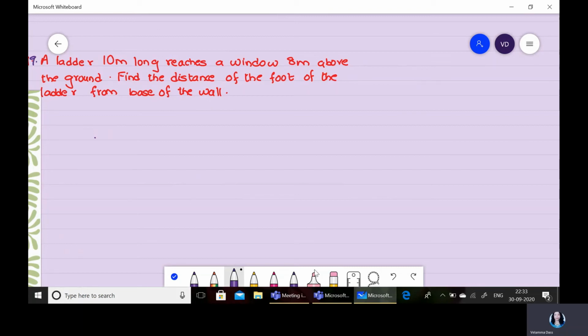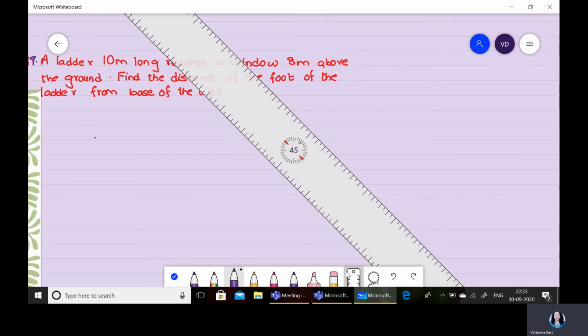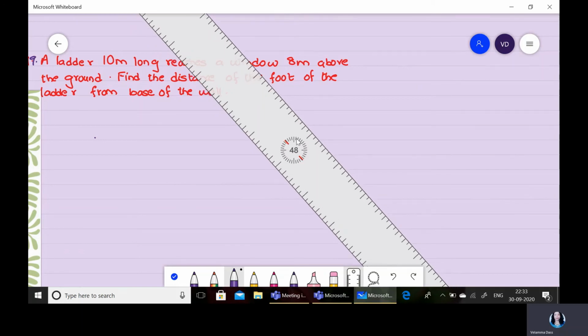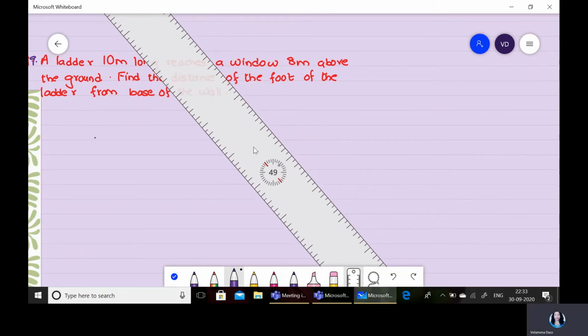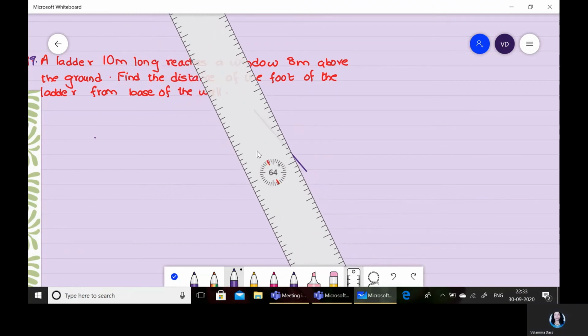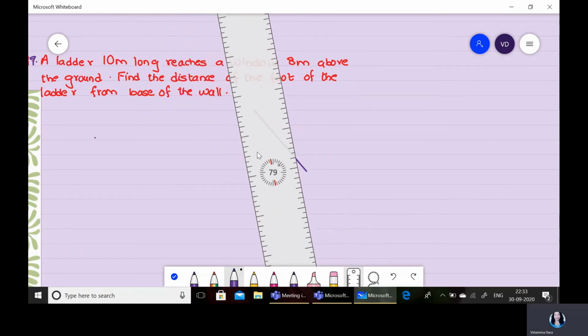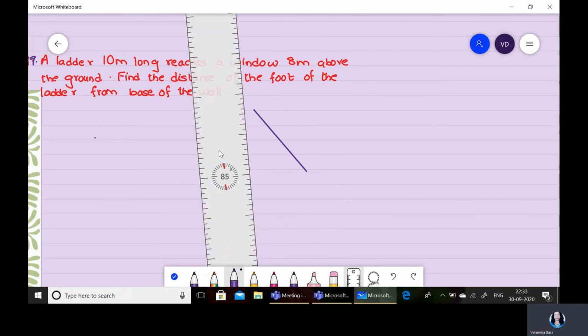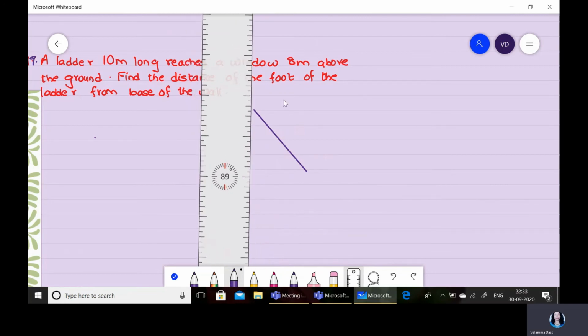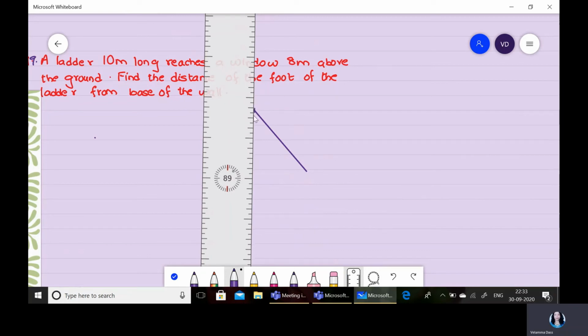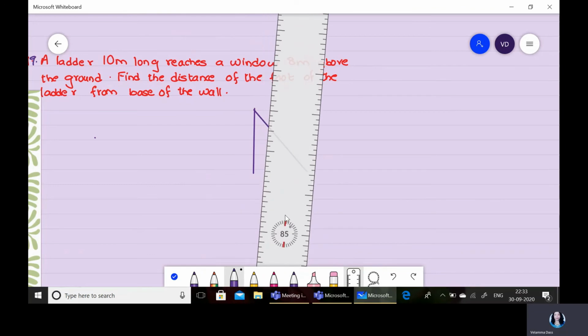So here we have a ladder. It reaches the window, and it touches the ground here.